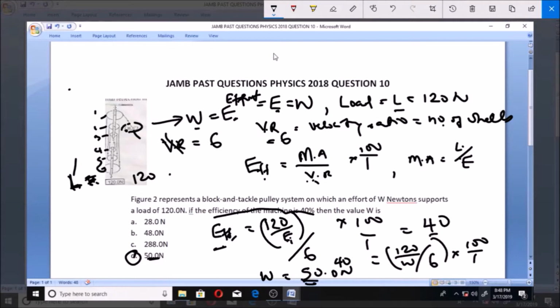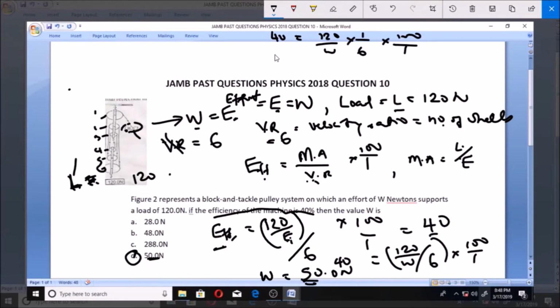So how do we make W the subject? We have 40 is equal to 120 over W divided by 6, so you can say times 1 over 6 because it's divided by 6, times 100 over 1.